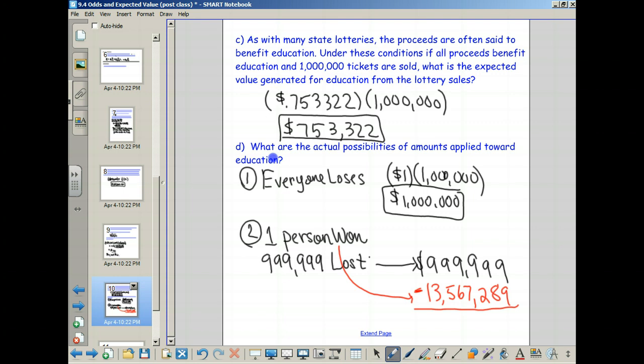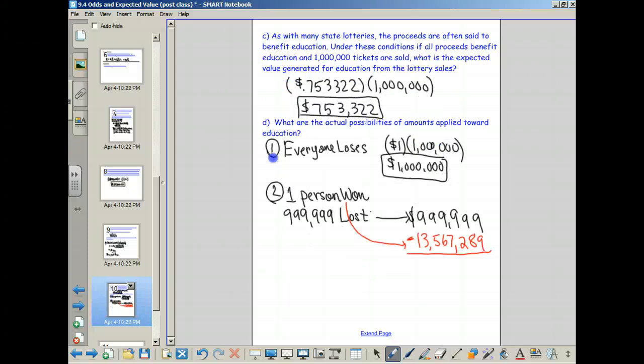Okay, the negative, because from education's standpoint, that's not a positive value, right? That's a bad thing, because that means less money that they got. And the kicker is that this number was 999,000. This number's 13 million. And if you subtract these, it means that this general fund or whatever called the lottery is actually negative.